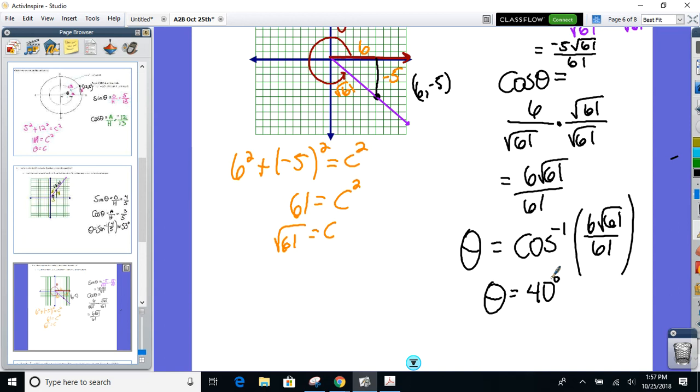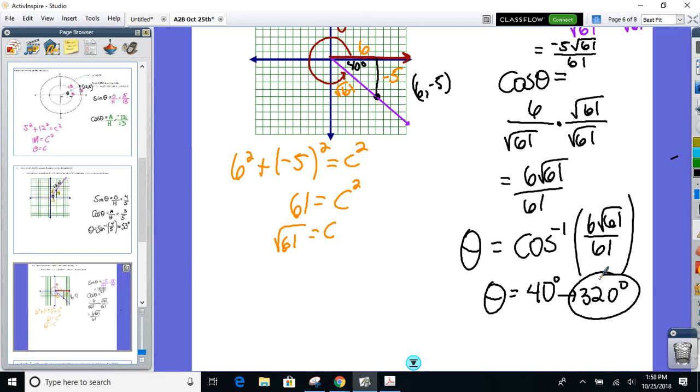What's that 40 degrees represent? That angle, the reference angle. Remember, at the beginning of the problem, the angle was in the fourth quadrant. So that's 40 degrees, but what's my actual angle that I'm looking for? You've got more than enough power to find it. 360 minus 40, that angle's actually 320 degrees.